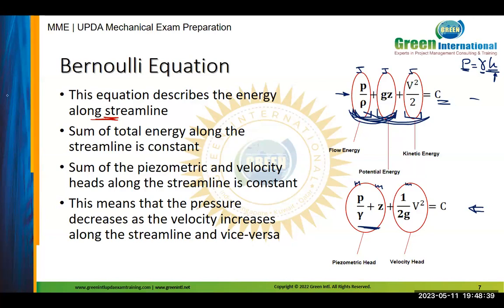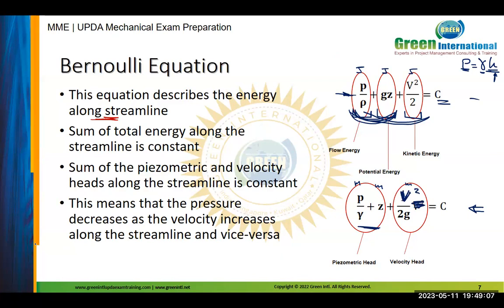We can use the same equation here, but in pressure form, it will be like this: P alone, plus gamma Z, plus V square over 2 rho, correct? No, not like this, just a minute. The last term changes.